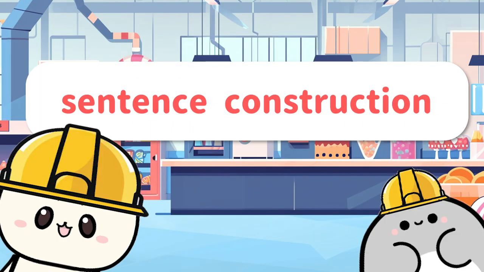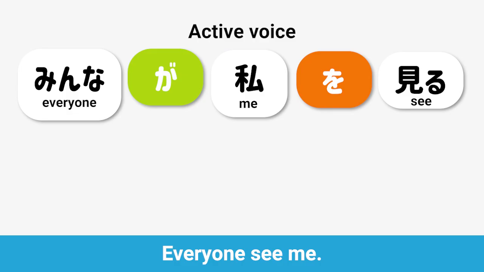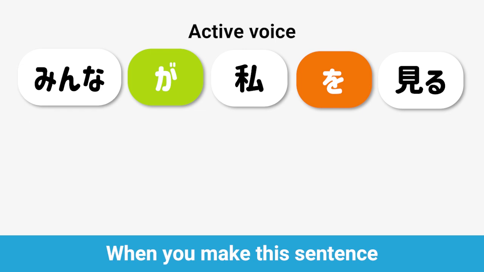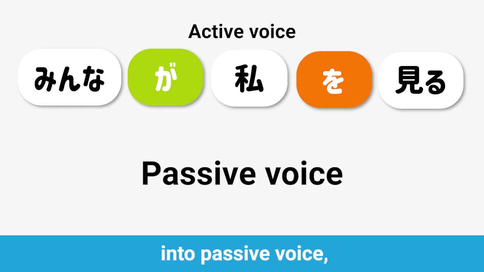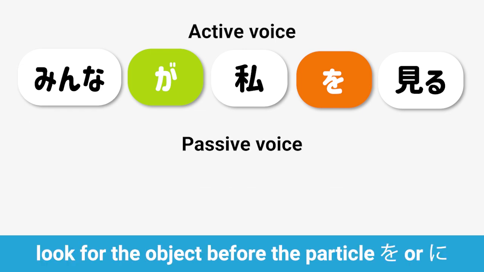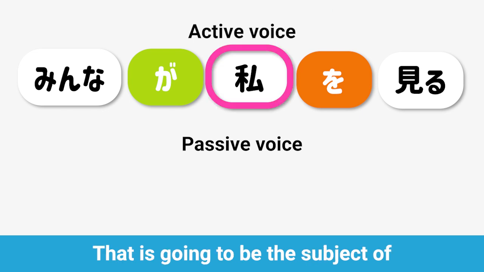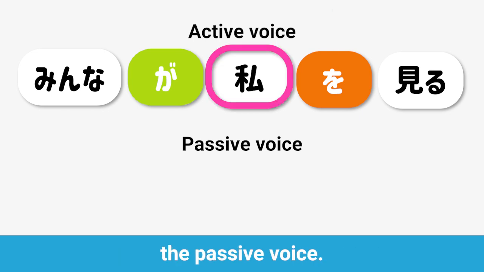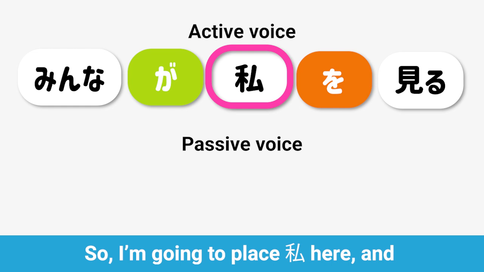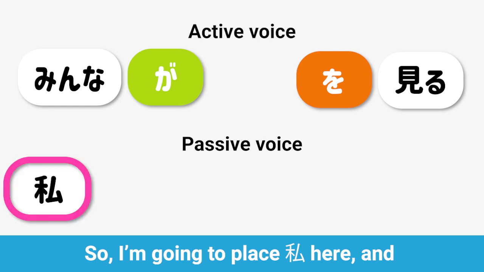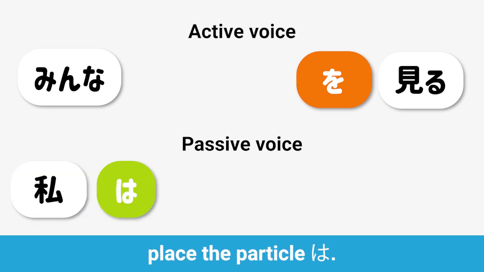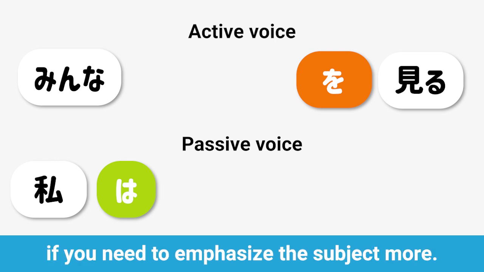Sentence construction. みんなが私を見る。When you make this sentence into passive voice, look for the object before the particle o or ni. That is going to be the subject of the passive voice. So, I'm going to place 私 here and place the particle は. You can use the particle が if you need to emphasize the subject more.